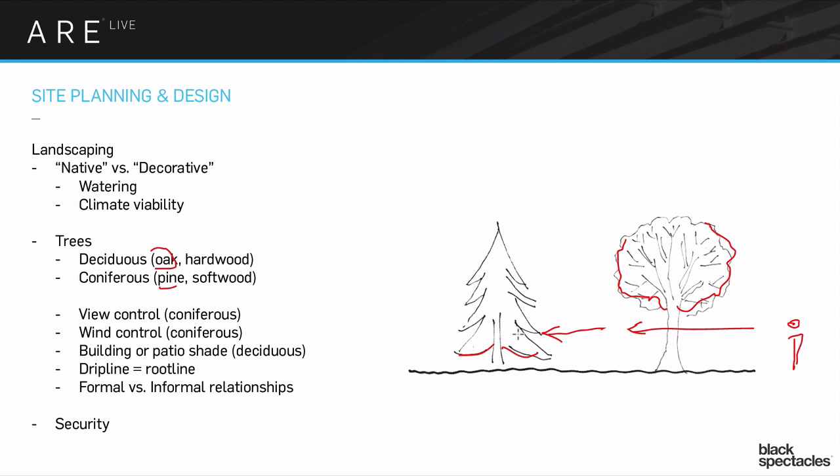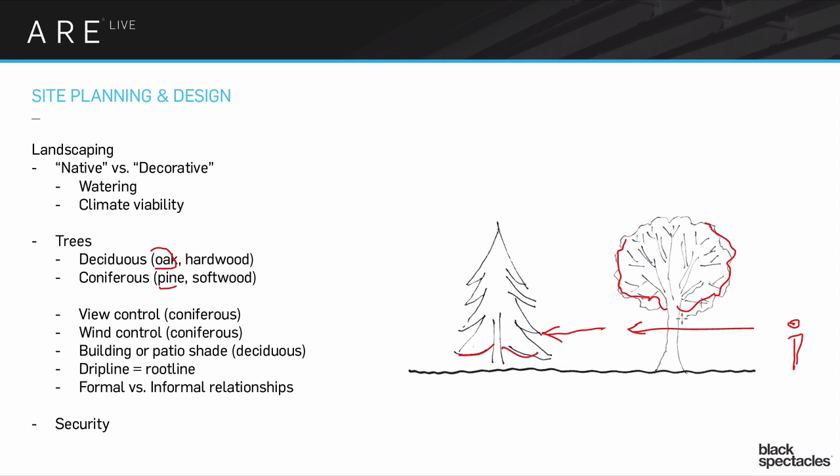A similar way of thinking about it: view is one example, but another example would be wind control. The deciduous tree will actually impact wind. It'll slow it and create turbulence and different pressures, a bunch of those ideas, but it won't do it when you really want it.